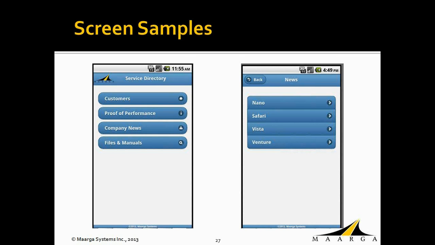The service engineer can also quickly click on company news and get an RSS feed of the various news articles related to that particular company, to his company, and the HTTP adapter is used to invoke a custom Java class and display a list of the relevant RSS feeds, and that's what is shown on the second screen.